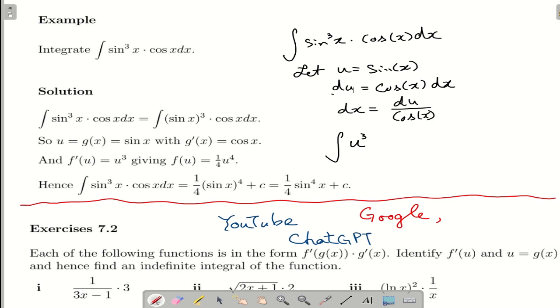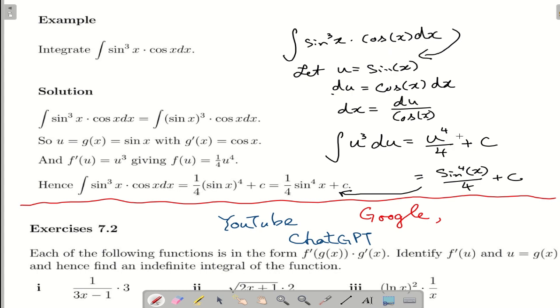And then cosine x dx is du, right? So you write du. And then the answer will be u to the power of 4 over 4 plus c. And what is u? In this case, u is sine x. So you have sine to the power of 4 x over 4 plus c. This is the answer, 1 over 4 sine to the power of 4 x plus c. This is how you apply the substitution and solve this integral function.